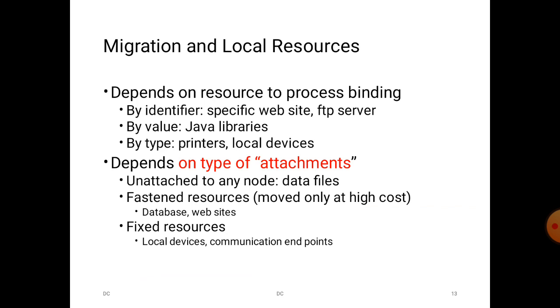By type, it may be printers or local devices. Based on that, we can decide, depending upon the type of attachment. So what types of attachment? Unattached to any node can be data files. Fastened resources may be moved only at high cost, we can move the entire thing at high cost. That may be databases or websites. Fixed are local devices and communication endpoints.